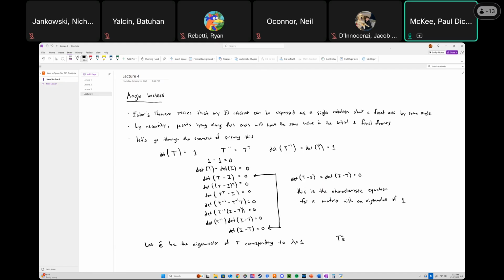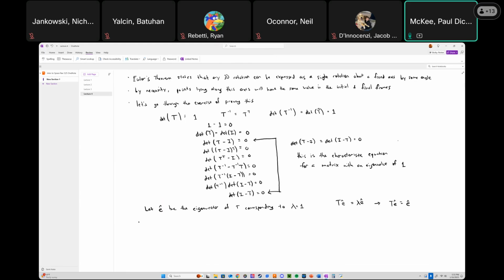A matrix acting on this particular vector is the same thing as the vector scaled. But because we're talking about the eigenvalue 1, the matrix acting on this vector is just the vector itself. So E has to be that rotation axis that we've been talking about since the start of our discussion. There's some axis that's untouched by this rotation. And you can just look at it this way: the axis multiplied by T is unchanged. Okay.